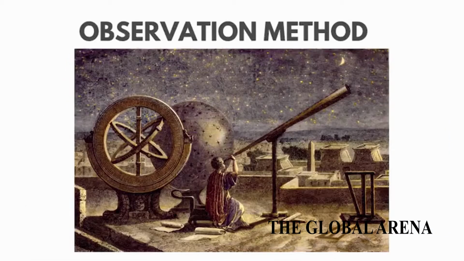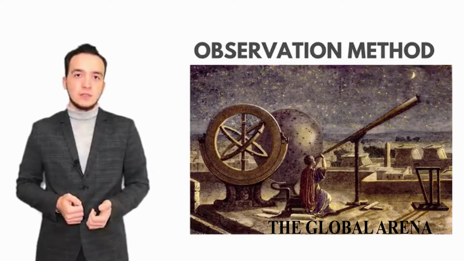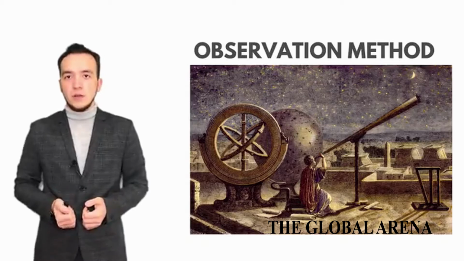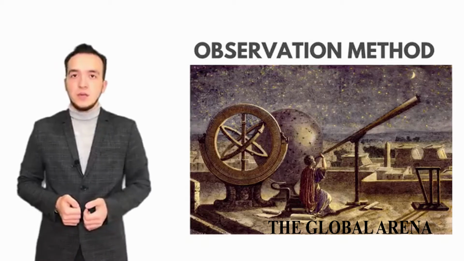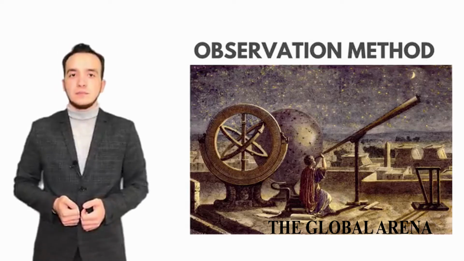For example, astronomers of ancient Greece proved the sphericity of the Earth based on observation of the shape of the Earth's shadow in lunar eclipses. They also observed the movements of celestial bodies and on this basis could predict solar and lunar eclipses, which was very important for the people of that time.